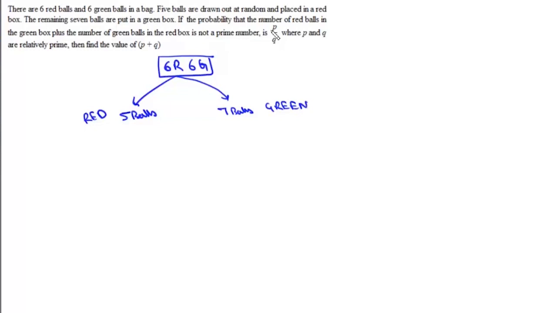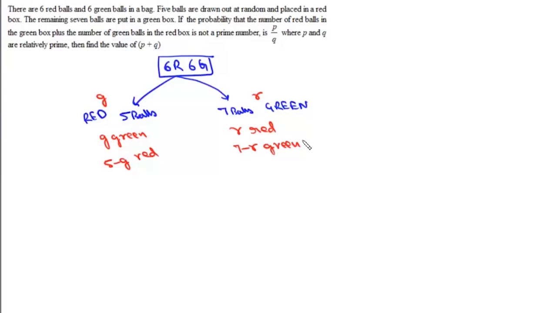Now it says, the number of red balls in the green box, so suppose the number of red balls in the green box is R and the number of green balls in the red box is G. So in the red box we have G green and 5 minus G red, whereas in the green box we have R red and 7 minus R green balls.